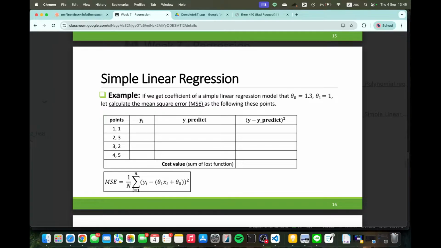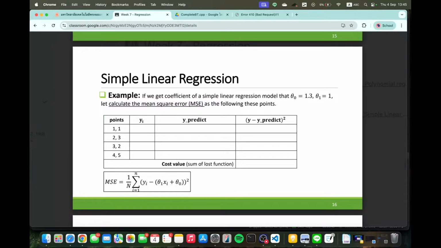How about x equal 4? Okay, so you can get the y predict in this column.